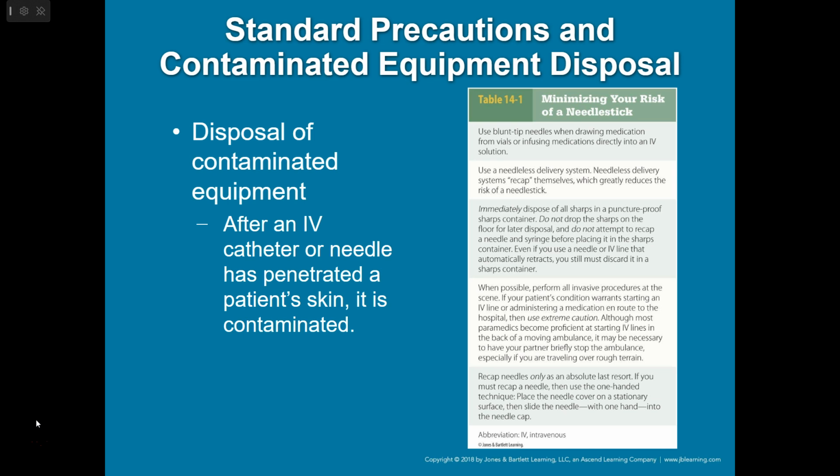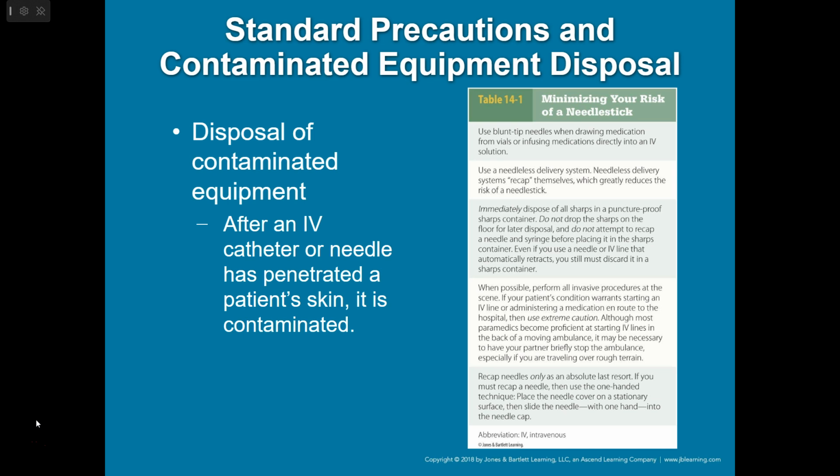We want to also minimize our risk for any type of needle stick. A big one with that would be using those blunt tip needles that you're seeing in table 14-1. If you're drawing medications out of a vial or ampule, those blunt tip needles are a good idea. They can't really poke you. Needleless delivery systems are always good, whether that is just a luer lock system or whatever.